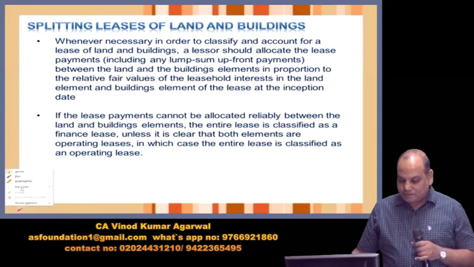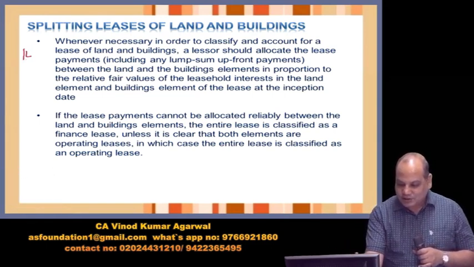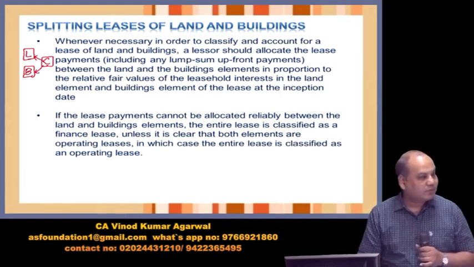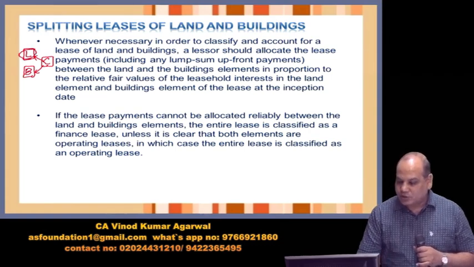Now see, if you have decided that land is a separate lease, building is a separate lease, the consideration received will also be accordingly allocated for accounting purpose. So, on what basis are you going to allocate the consideration?